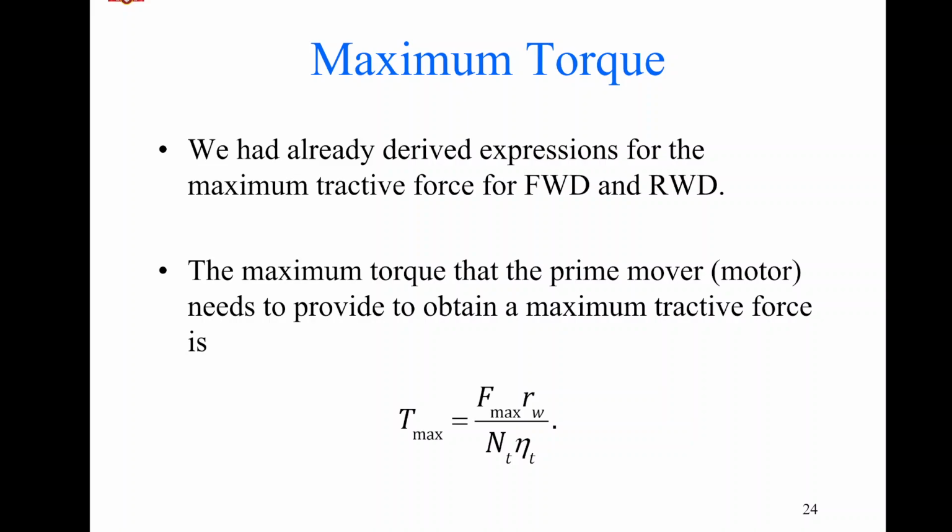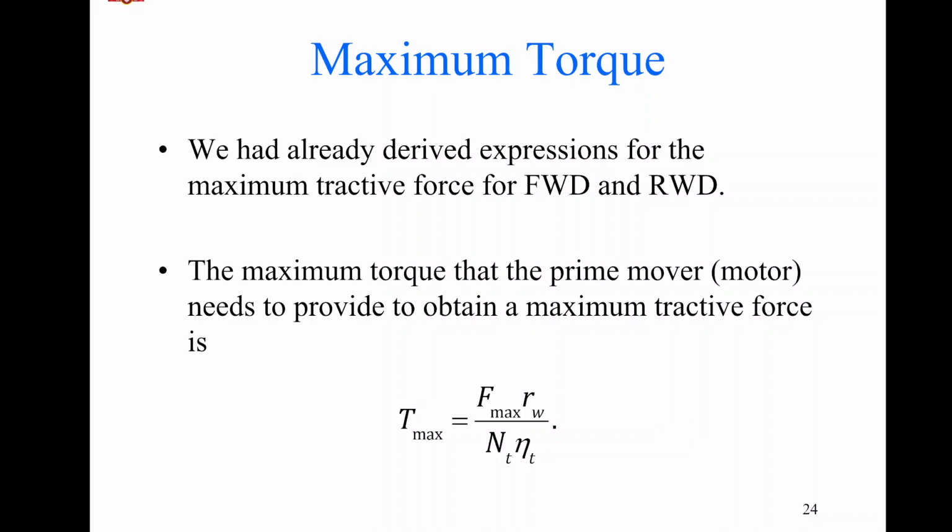I think we will be doing this when we are doing braking and traction, somewhere in week 7 or week 8, so we will discuss this at that time. The maximum torque that the prime mover or the motor needs to provide to obtain a tractive force is given here as F max into Rw divided by Nt into eta t.